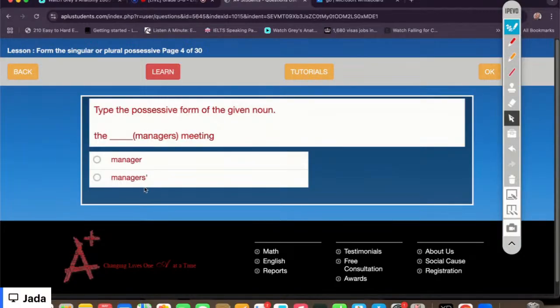The managers meeting, first and second. So we have managers, so plural possessive.